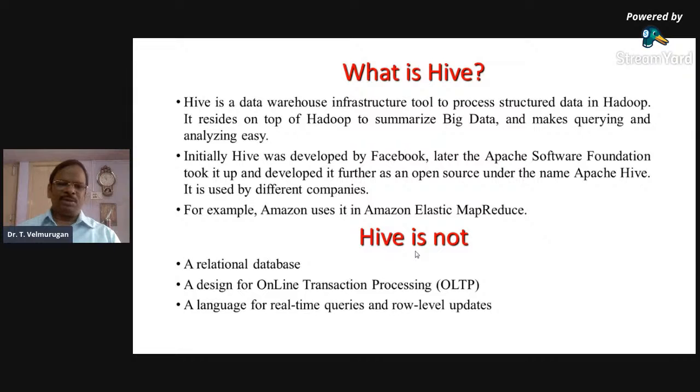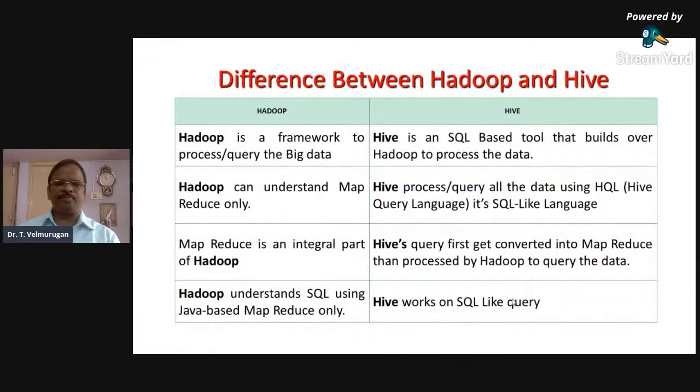Hive is not a relational database. Hive is not fit for designing online transactional processing. Hive is not a language, it is a tool. It is not for real-time queries and row-level updates.